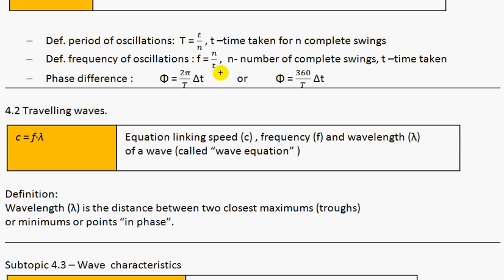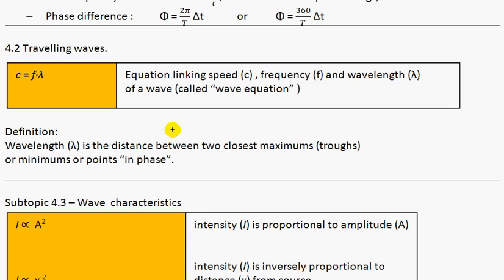Another characteristic is called phase difference. If you have a shift in time, so for example one oscillation happened, another is shifted by delta t, then the phase difference will be 2 pi over T times delta t. Or in terms of degrees, so this will be in radians, this will be in degrees.